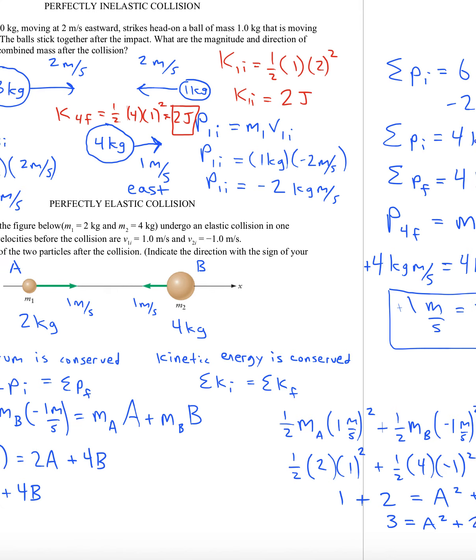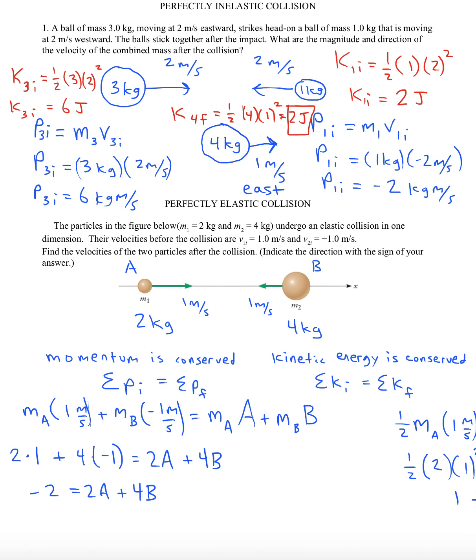Now we have our two equations. I'll write them here side by side. When you have two equations and two unknowns, the problem is solvable.